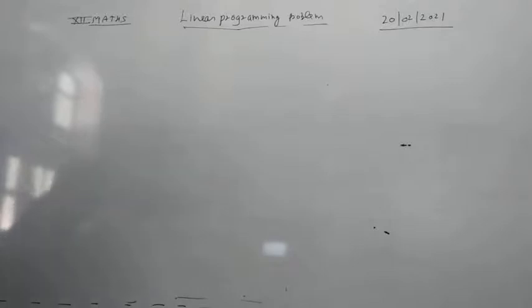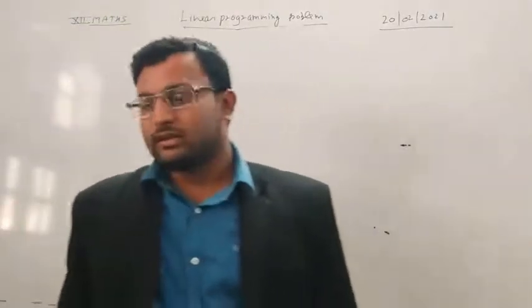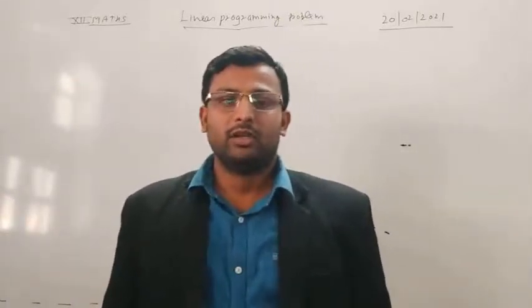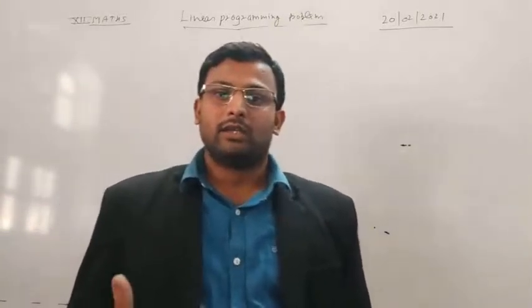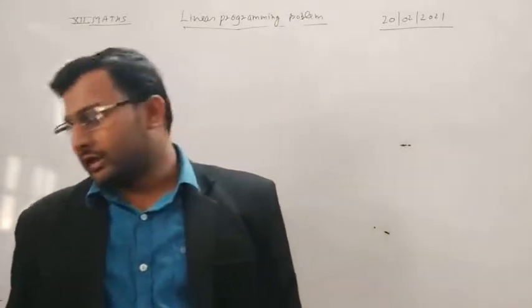Okay students, so we are making 2 kinds of cake, and for this some material is given to us, and with the help of them we have to form the linear programming problem and then solve it graphically.